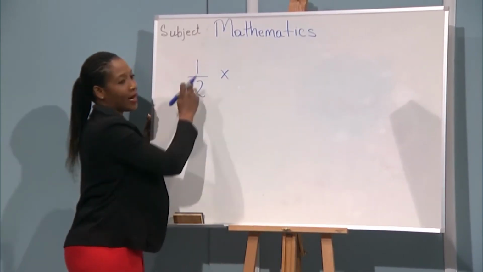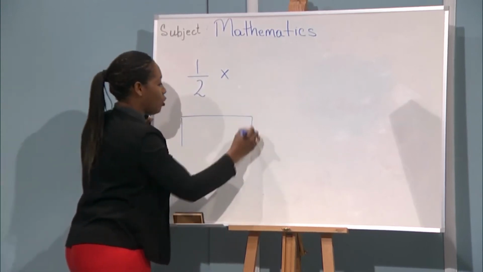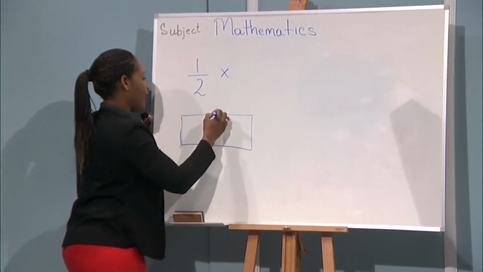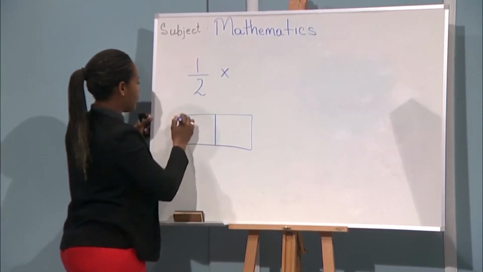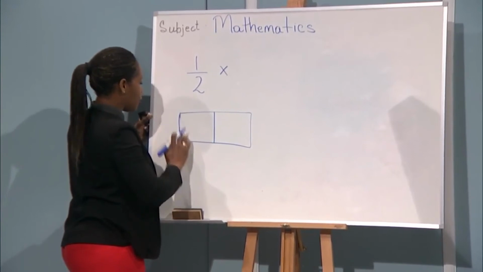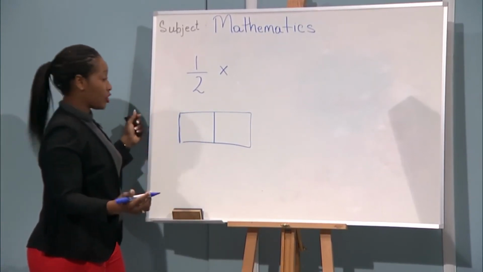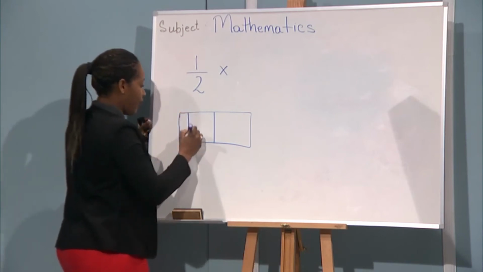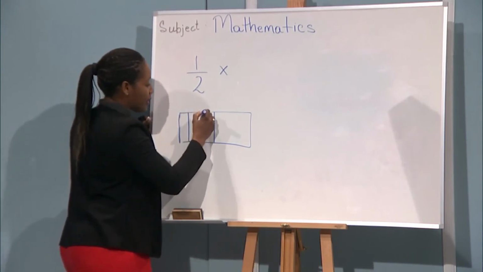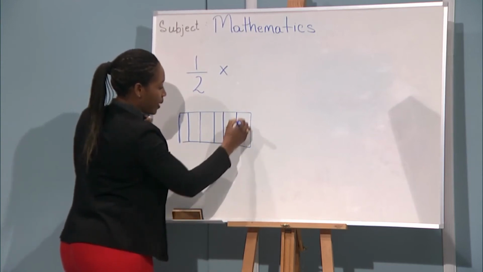If I have a whole, I'm going to give you a pictorial again. So if I have a whole, and I've divided my whole into 2 equal parts, please note, not drawn to scale. So I divide my whole into 2 equal parts, and I want to now find an equivalent fraction. I can simply divide this part into 3 parts here and 3 parts here.